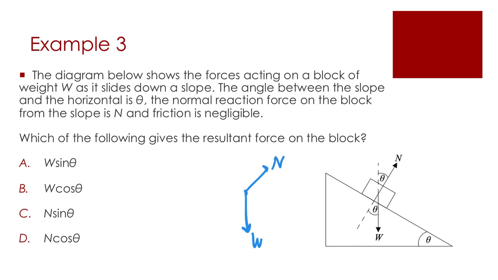So it's asking for the resultant force, and it's going to be along the slope. This is one of those times where it's better to talk about parallel and perpendicular to the surface than it is vertical and horizontal. So if I do that, we're going to have the W parallel here and W perpendicular here.